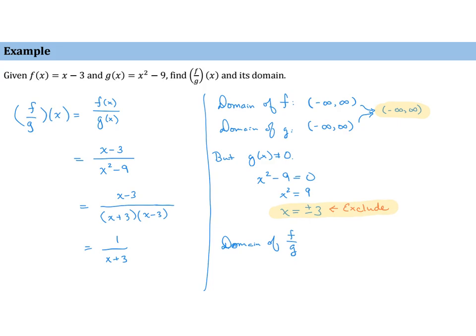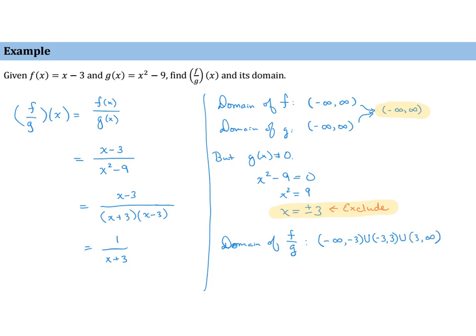So this means that the domain of f over g is negative infinity to negative 3, union negative 3 to 3, union 3 to infinity.